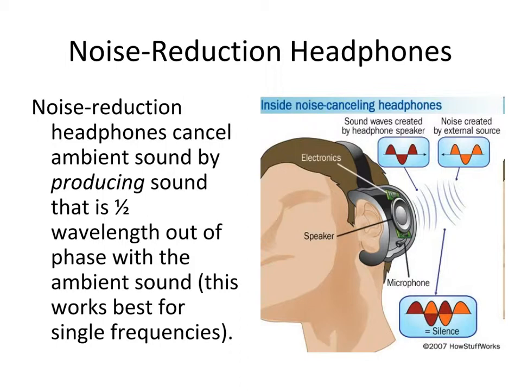So with noise reduction headphones or noise canceling headphones, they can reduce the sound that they hear from outside the headphones, so they can hear the sound they want to hear more clearly.